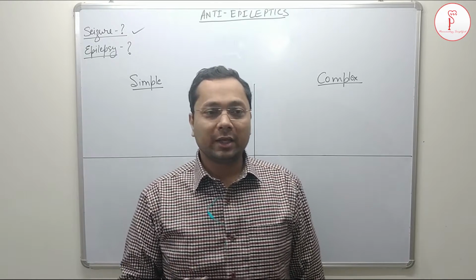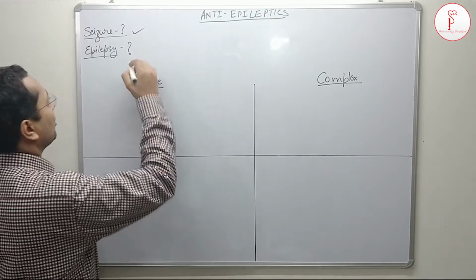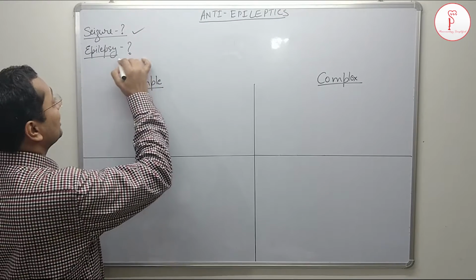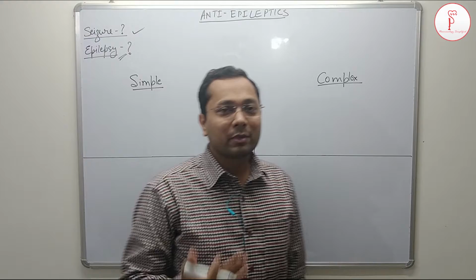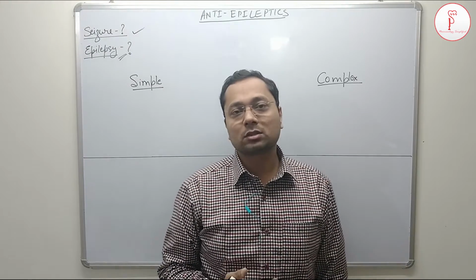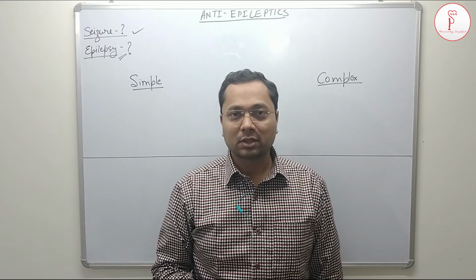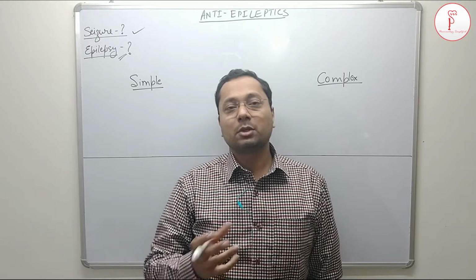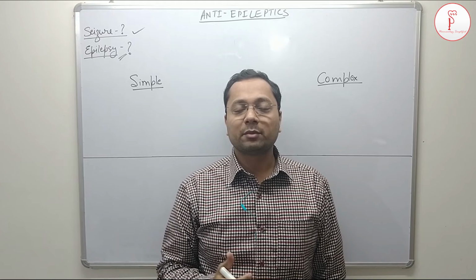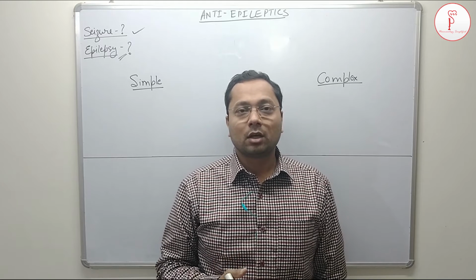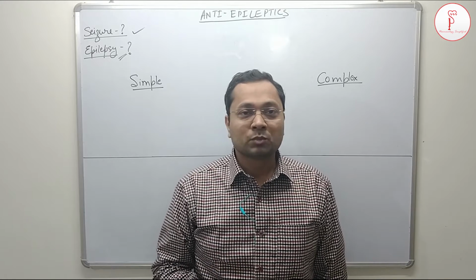Epilepsy is when there is an unpredictable and very frequent occurrence of seizures. So epilepsy is a group of disorders where seizures can be precipitated without any forcing reasons, right?